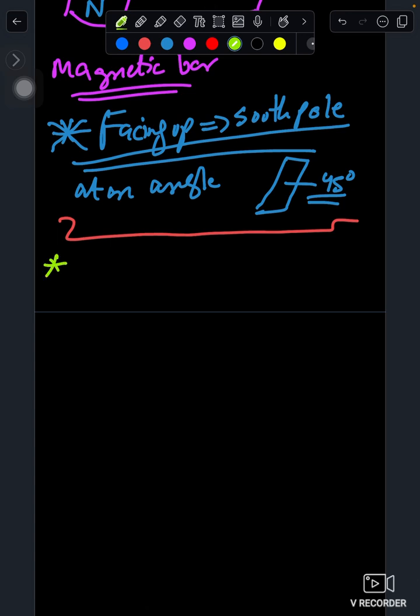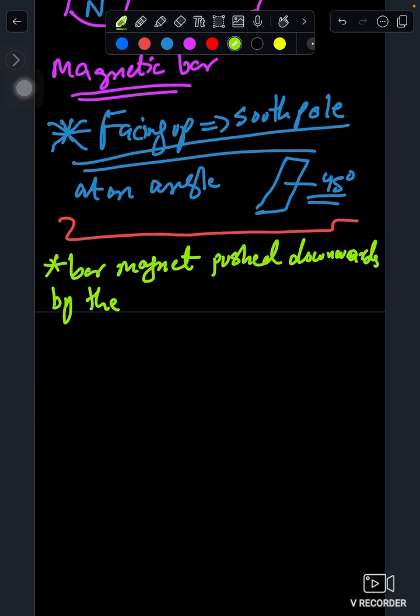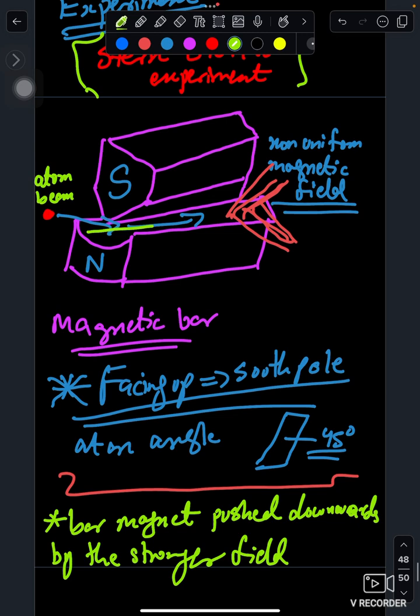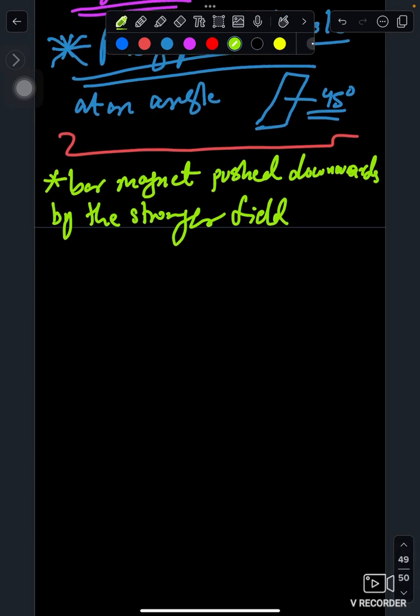First result: the bar magnet is pushed downwards by the stronger field of the south pole, so it will go down in this direction.